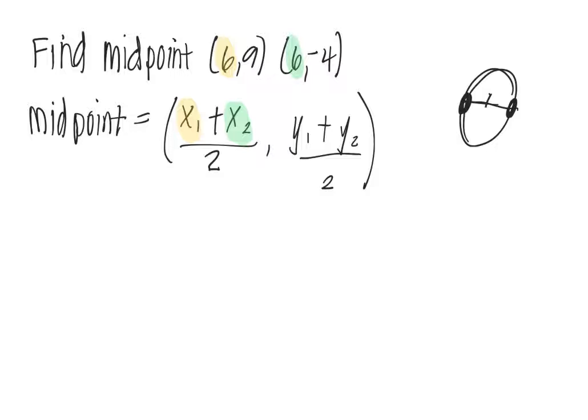And then y sub 1, your first y, and y sub 2, your second y. The order can matter here, so just don't get them mixed up. I have a lot of people adding x and y and dividing it by 2. But it's your x and x, y and y. Okay, so all you want to do here is, I didn't mean for that to be blue, but whatever.